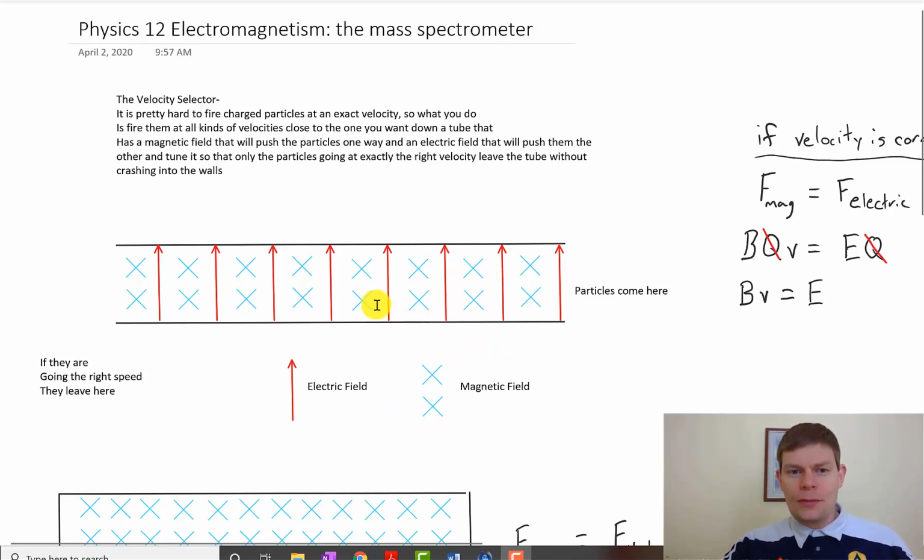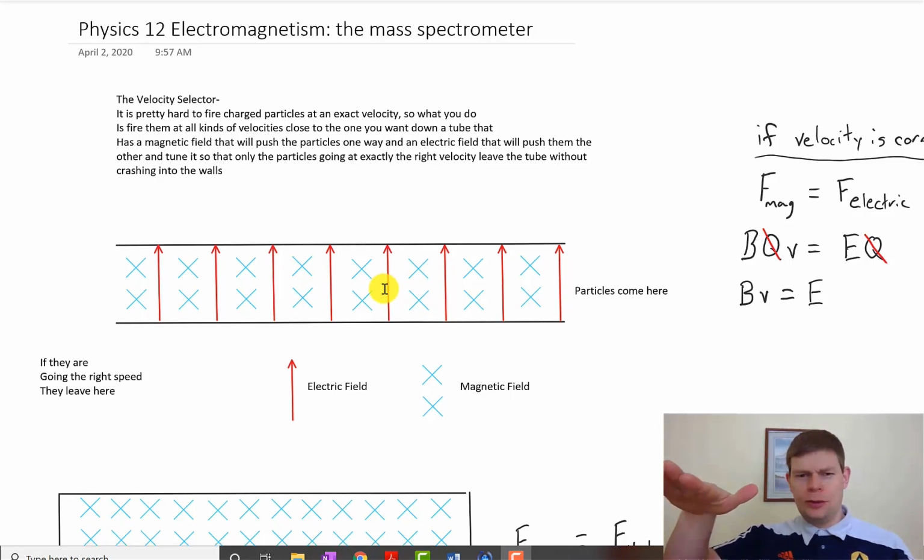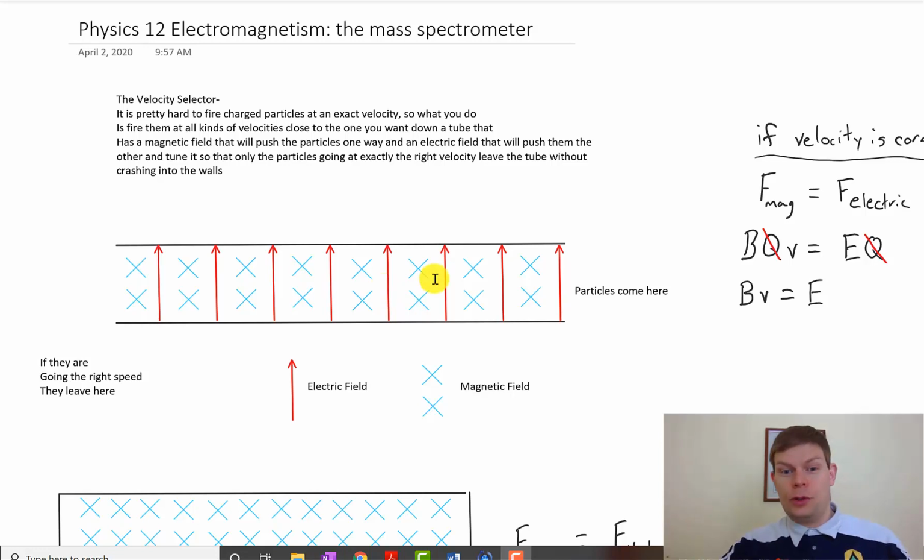So if particles are flying down here and they're positive particles, because we stripped off a bunch of their electrons, the electric force and the magnetic force will be in opposite directions. If you do your right hand rule, it's probably flipped for you. Anyway, if you do your right hand rule, you'll notice that the magnetic force should be down and the electric force would be up on a positive particle.